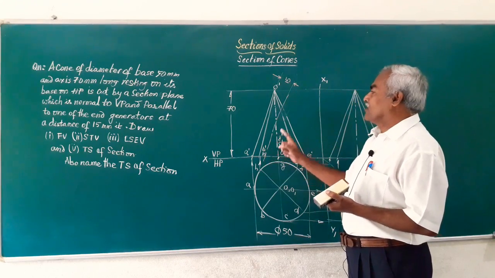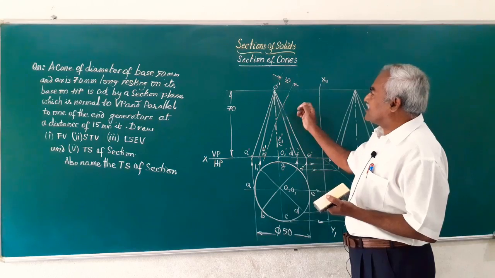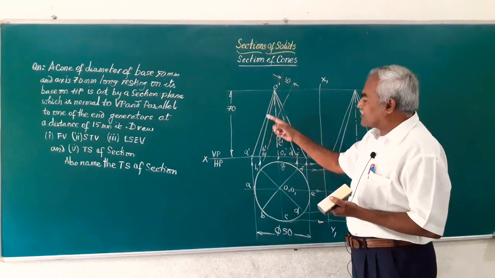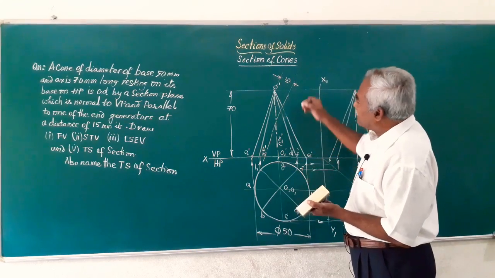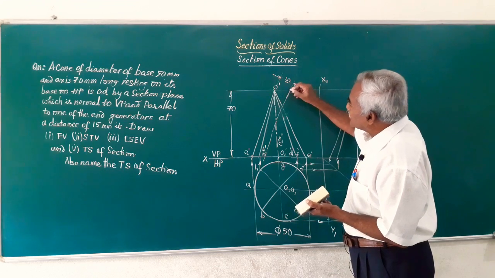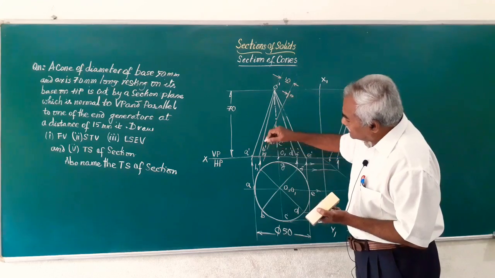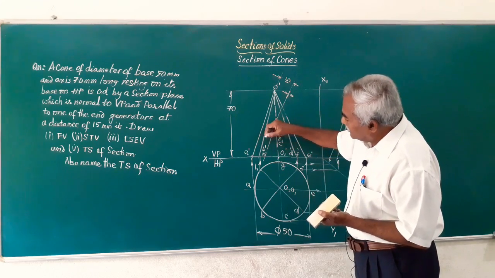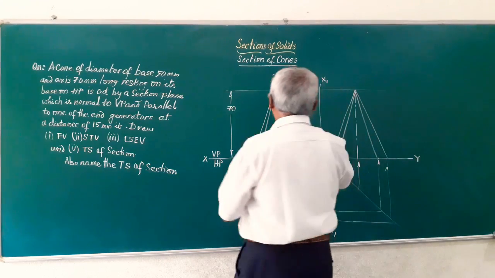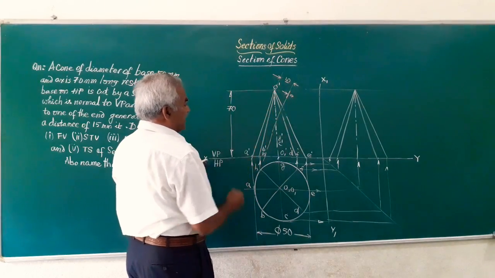That is wrong. So this should be the perpendicular distance between the parallel lines O dash A dash and this section plane. So let me mark the section plane as SS. So section plane SS is at a distance of 15 millimeter from this end generator.